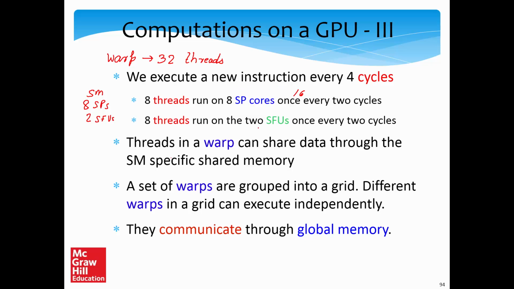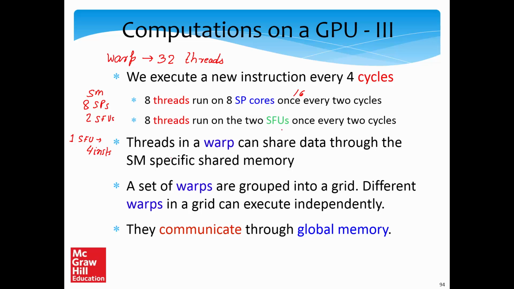Then for the 2 SFUs, one SFU can take in 4 instructions in the same cycle. So if you have 2 SFUs, they can take in 8 instructions every cycle.